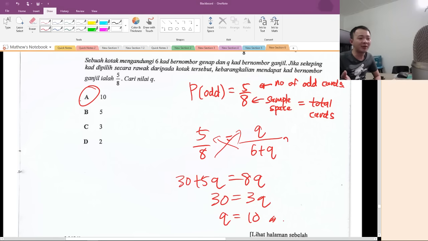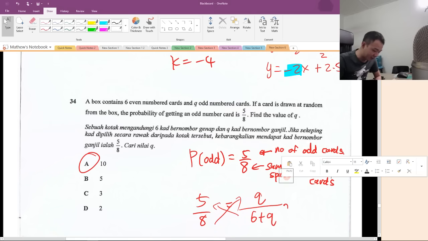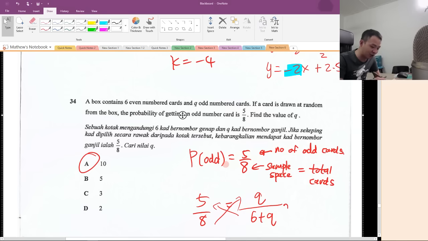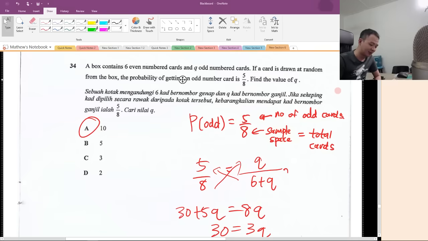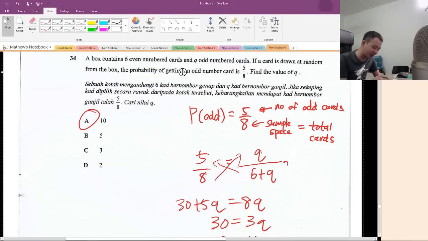You might doubt the answer here. 3 over 8 is the probability of getting an even number, not the odd number. If you doubt your answer, you can always check it. Let's say Q is 10, so the odd cards are 10, divided by the total, which is 16. Then you simplify, you get 5 over 8.